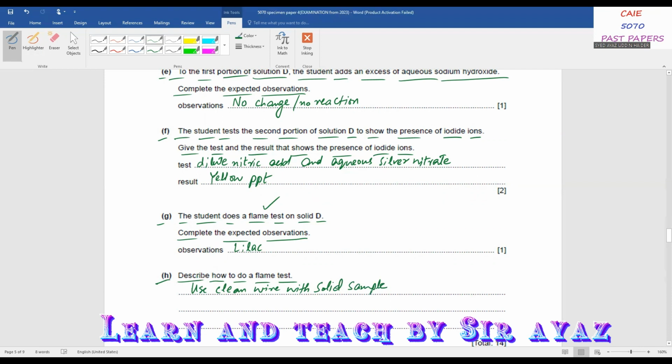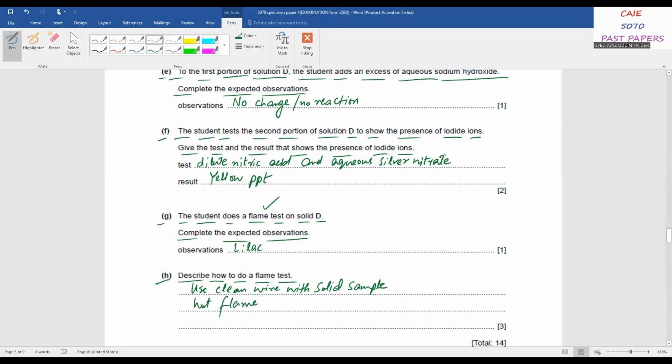Then we'll heat it with hot flame, or put wire into flame. Last one, you'll observe and record the flame color.